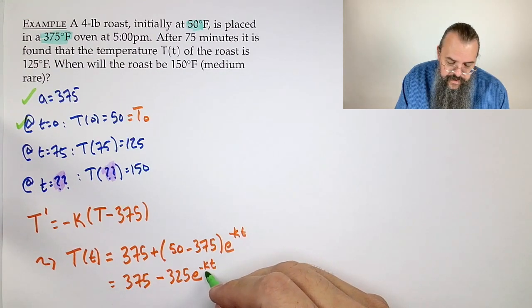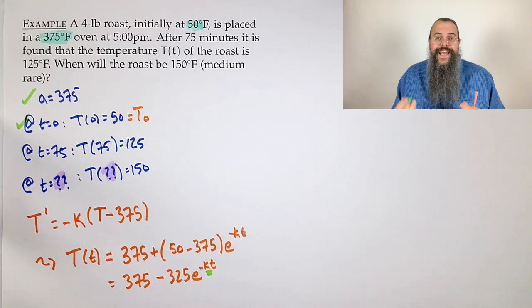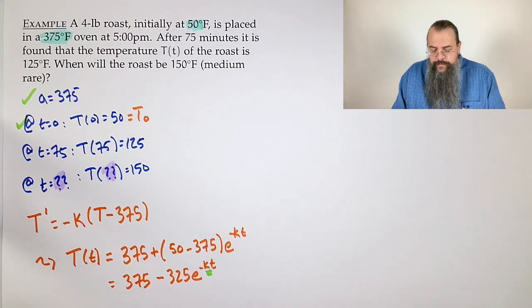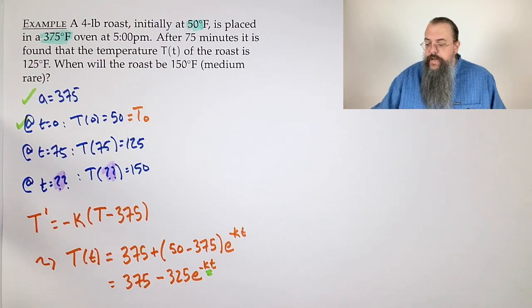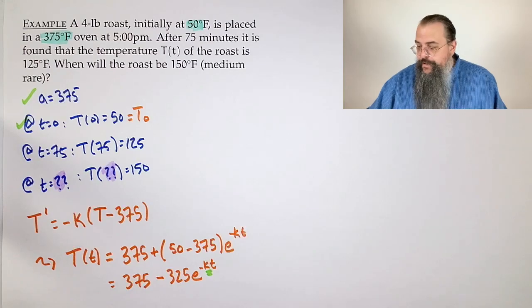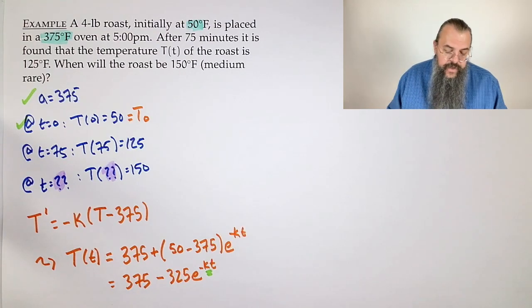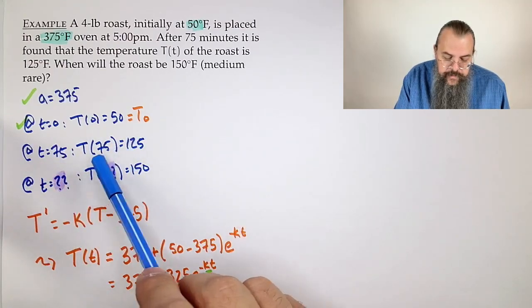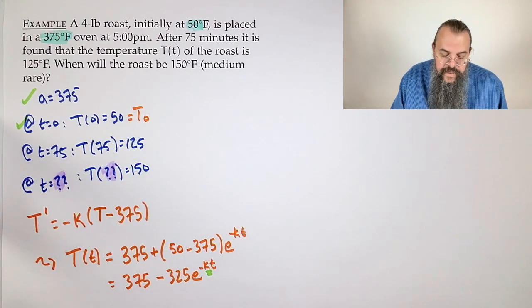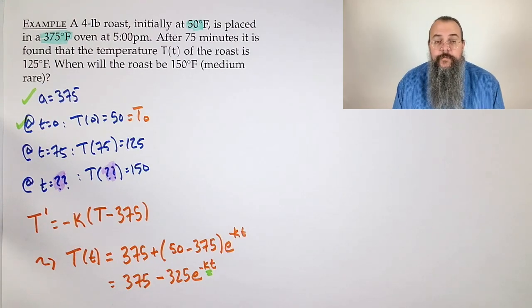There's this constant K, which depends on the situation, and we can extract what K should be using information about what's actually happening as we cook. The measurement at time 75 being 125 degrees will let us extract the value for K.